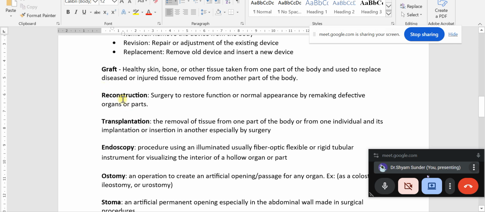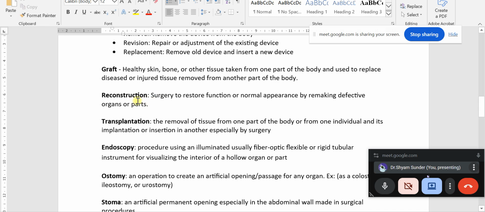Reconstruction. This is advanced way of repairing things. Repair, reconstruction. Usually these two words go together. Repair and reconstruction. So reconstruction involves sometimes grafts also. For example, in an accident, somebody has a severe injury to the nose, totally disfigured, for example, or ear is totally disfigured.